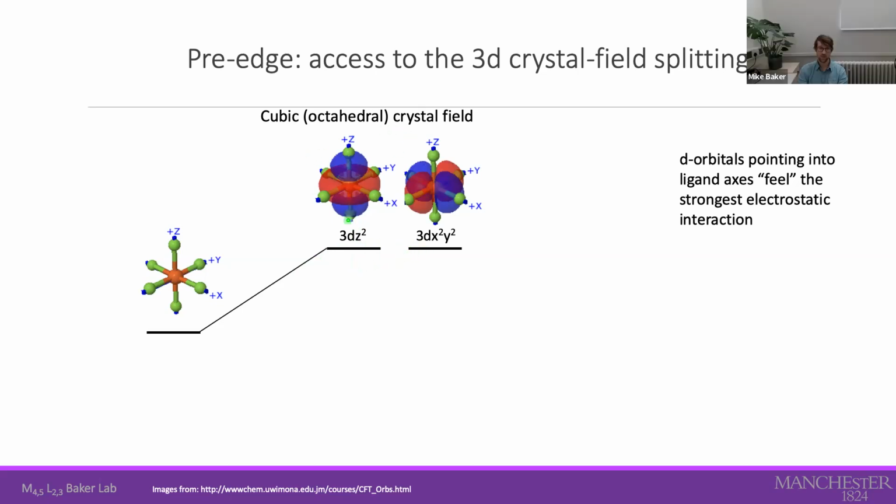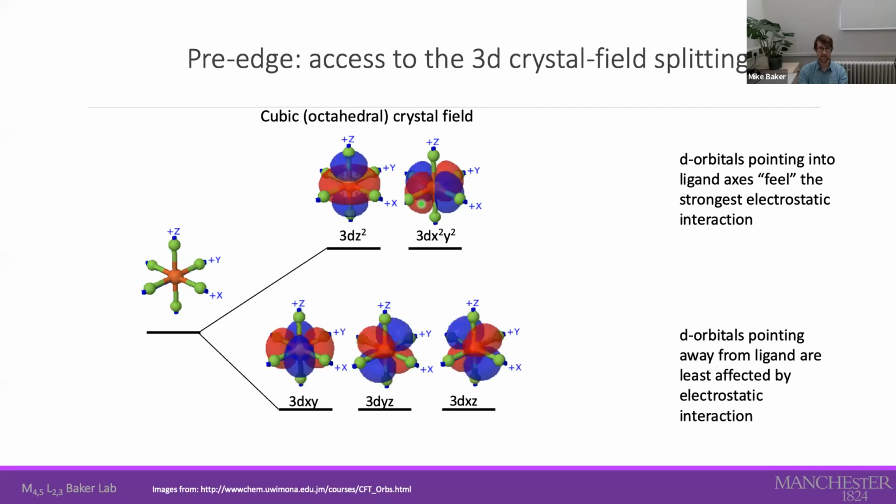So in an octahedral crystal field, this pushes up the 3d z squared, which runs along the z-axis, and 3d x squared minus y squared, which points along the ligand atoms in the equatorial plane. And this is raised relative to the xy, xz, and yz orbitals, which have their lobes pointing away from where the negative charges of the ligand atoms are.